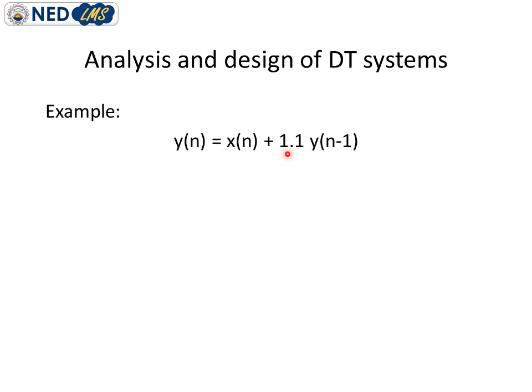If you replace this 1.1 with 1, a simple coefficient of 1, then you will obtain the response which is neither decreasing with time nor increasing with time, and that response is known as the marginally stable response, which remains constant for all values of time. So that is another special case of system which is marginally stable.